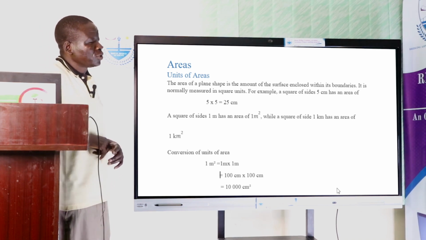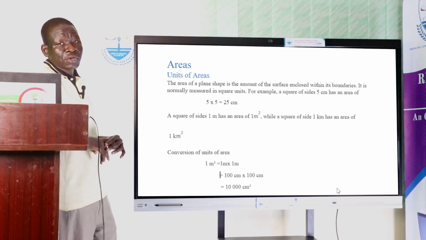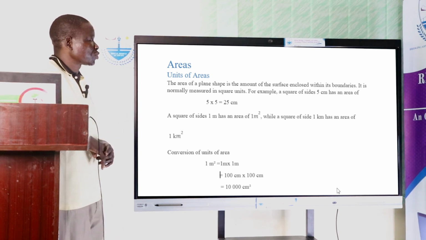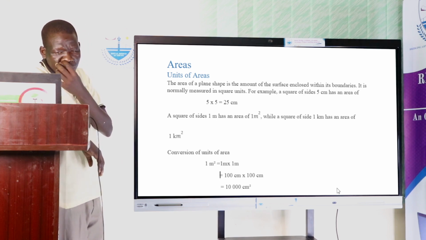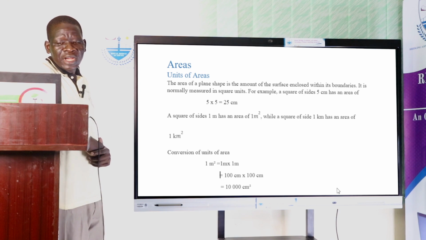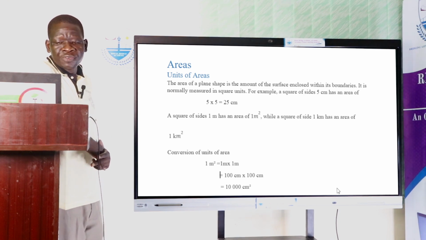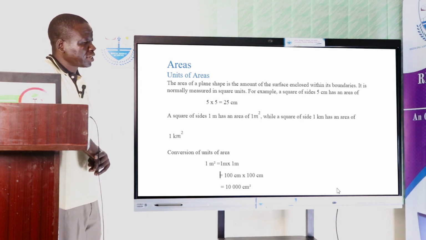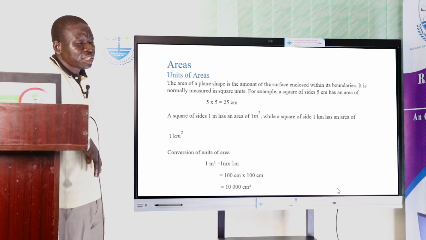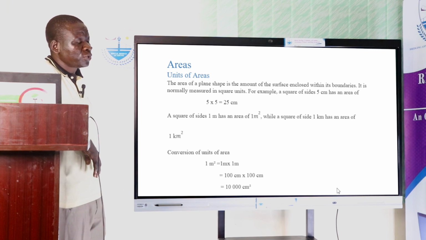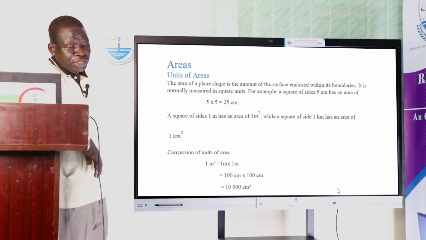So when you are writing the units of the area, they must be in square units. A square of side 1 meter has an area of 1 meter square. That is to say, 1 meter times 1 meter gives you 1 meter square.